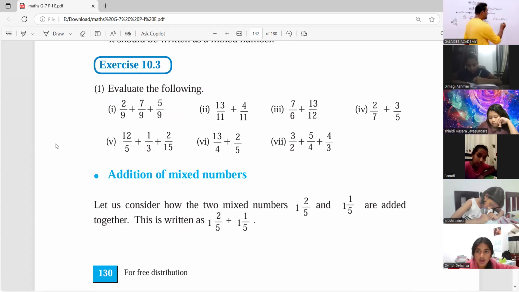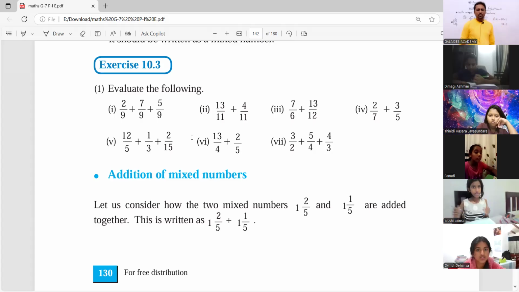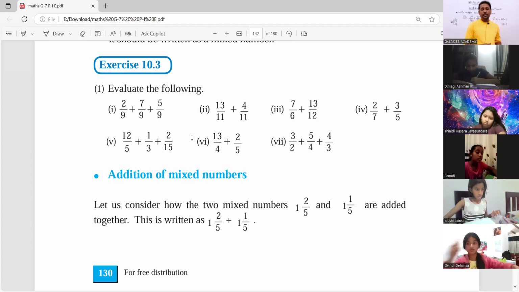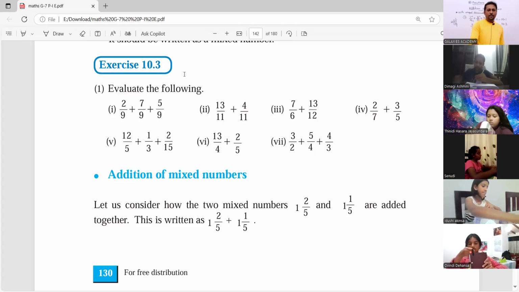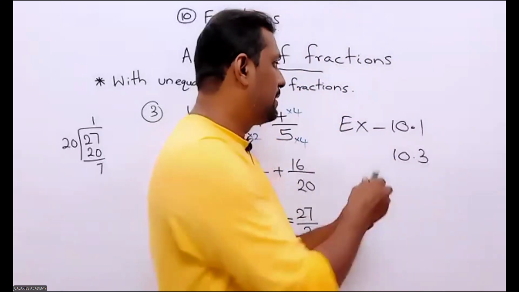Right? In 10.3 there are 1, 2, 3, 4, 5, 6, 7. There are 7 questions given. All are addition. Some questions have the same denominator, some have unequal denominators. Okay, these two are the homework.